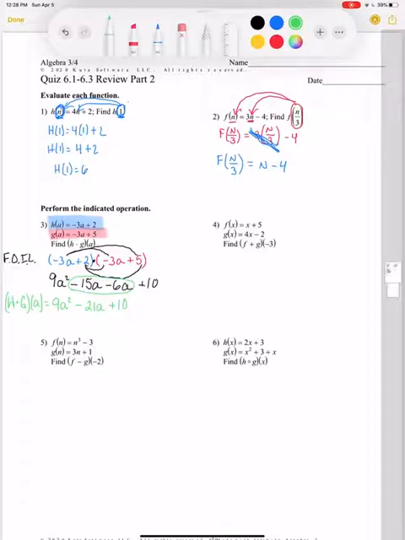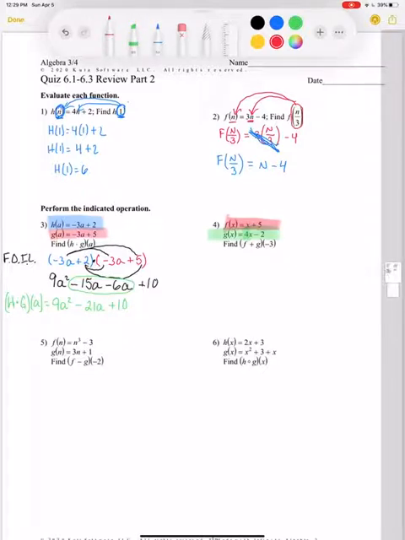Problem number 4, f of x equals x plus 5. Oops, let me do that a little better. Okay, and then g of x equals 4x minus 2. It wants us to find f plus g of negative 3. So we're just going to start off with what is f plus g, okay?